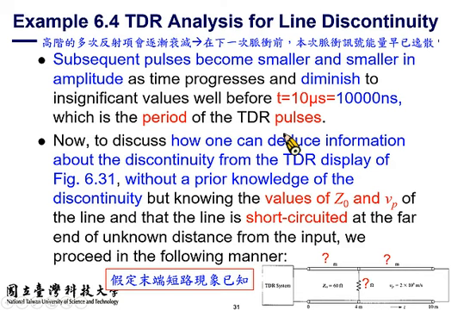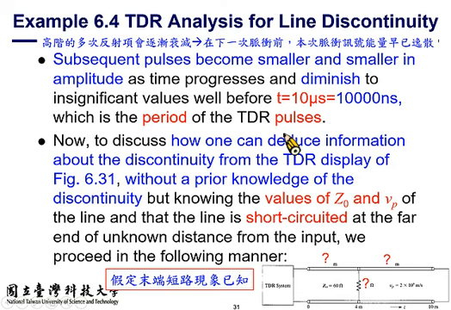However, this time we will reverse the process: based on the bouncing diagram, or the time domain reflectometry result, we derive the configuration of the transmission line system, including the location, the discontinuity type, and the value of the discontinuity, which can be a shunt resistor or a series resistor.